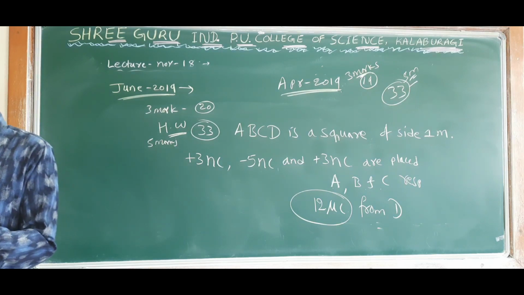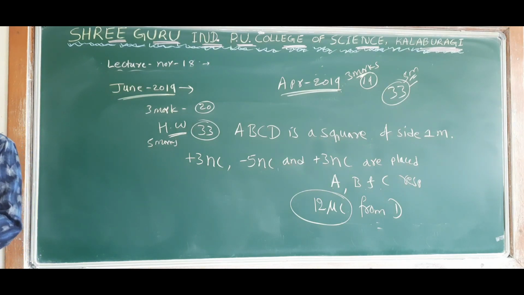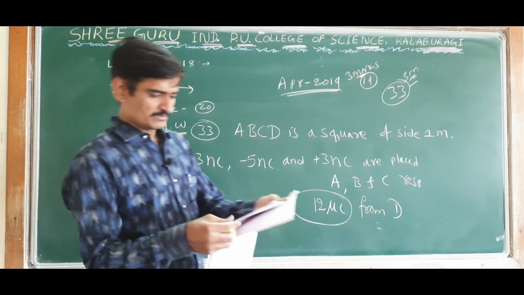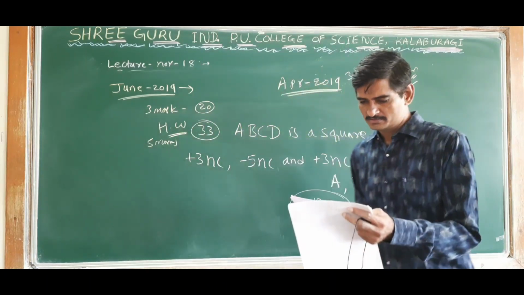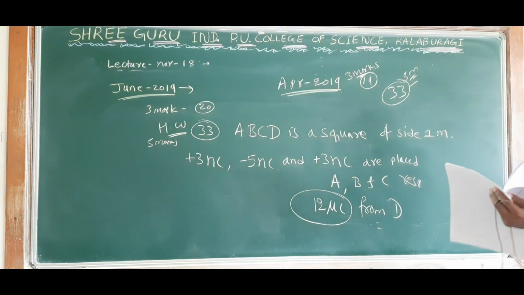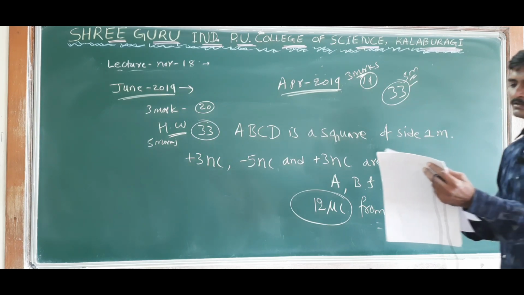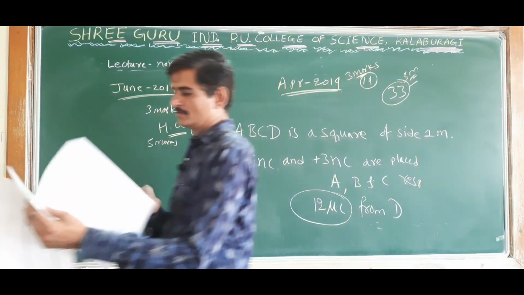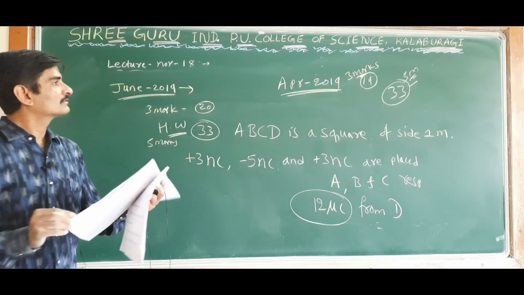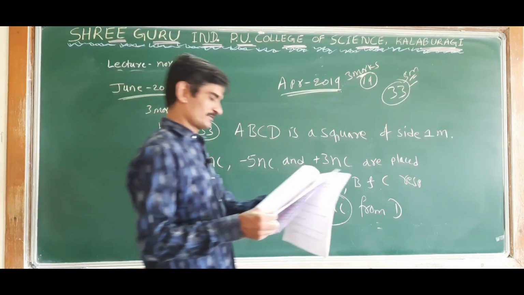March, April 2019, no, something may be different in the question paper. I have confusion about one more question paper. Okay, this may be June 2019, maybe June 2018. One of these is 2019 June. Which one?